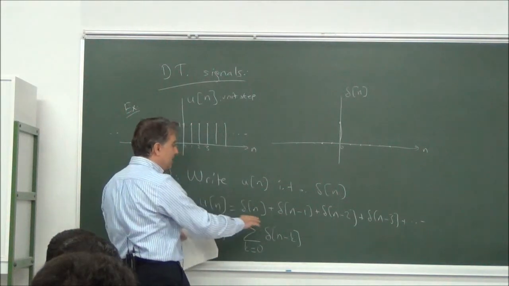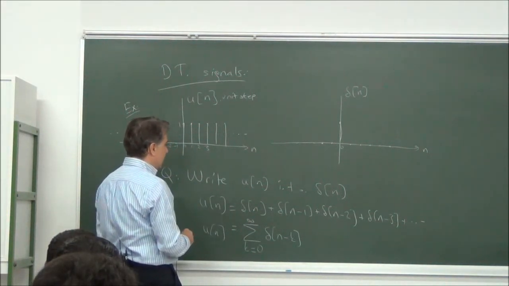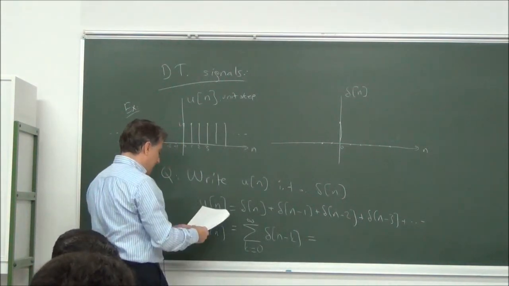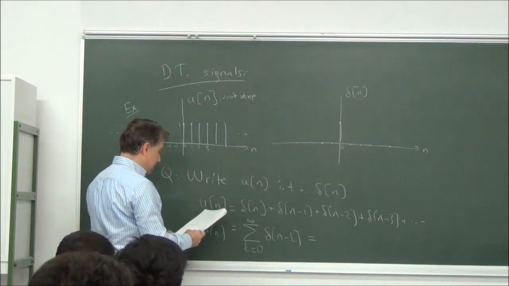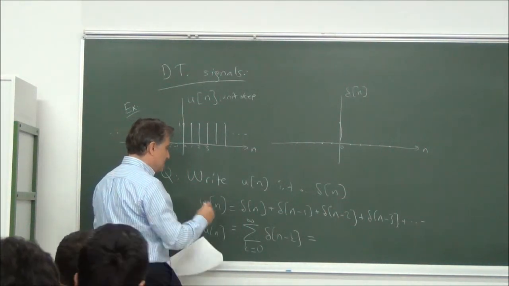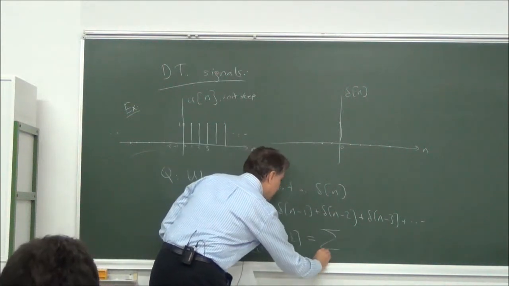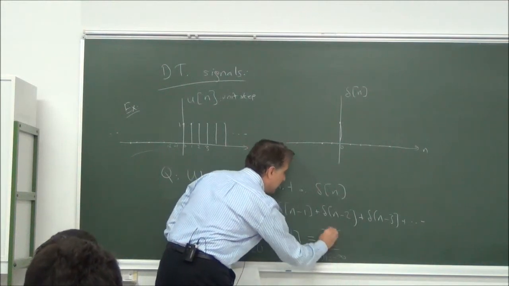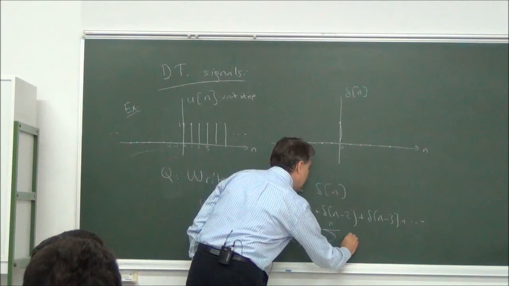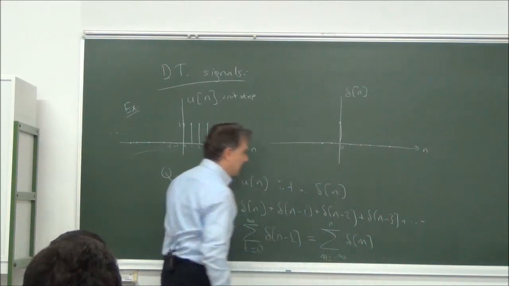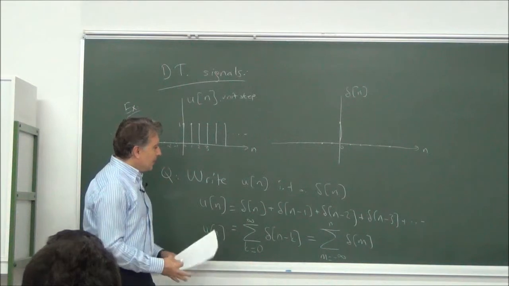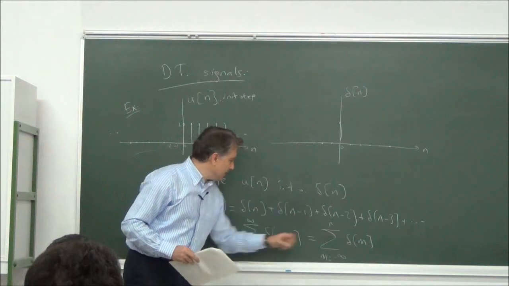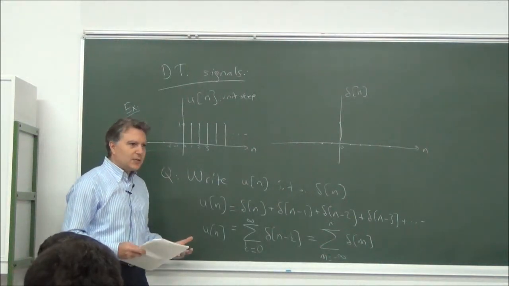Now, this doesn't have that kind of similarity in its original form, but this is also equal to another notation, which is like this. This is a different k, so let's call it m, from minus infinity to n of delta m. Now, are they the same? They don't look the same, but if you think of the value of the outcome of this thing, you will see that it corresponds to the same thing.